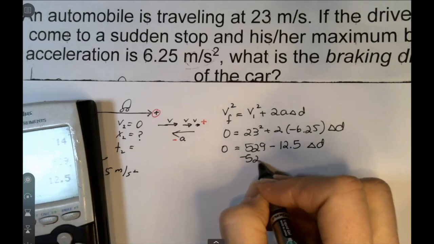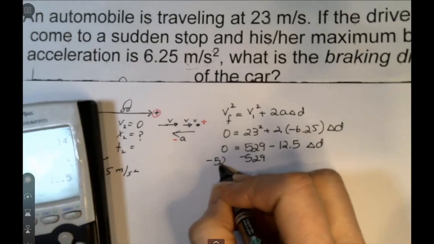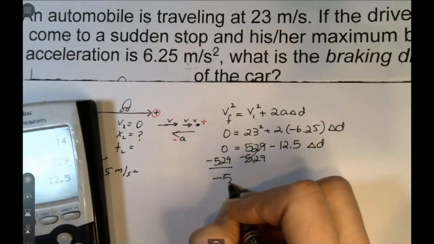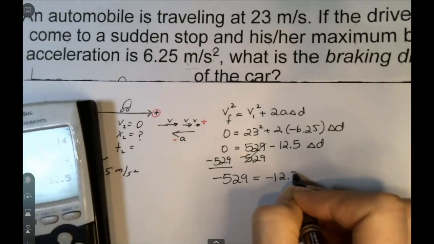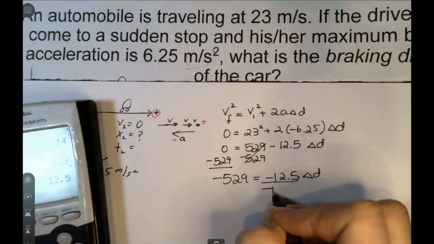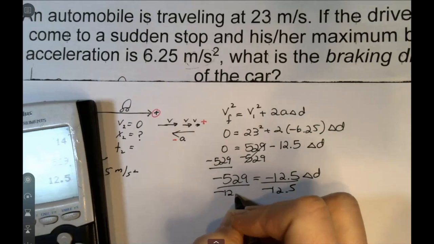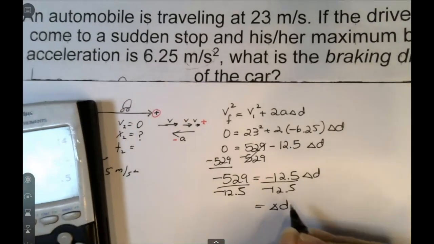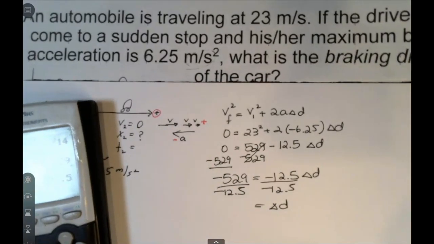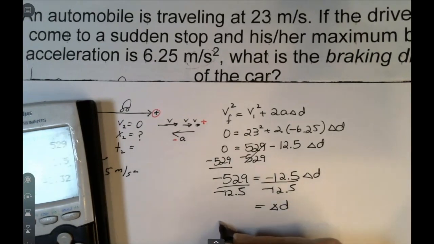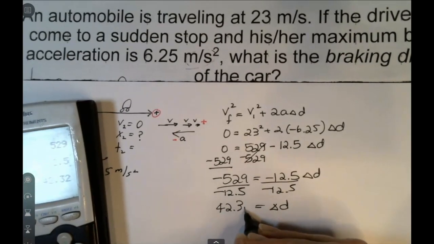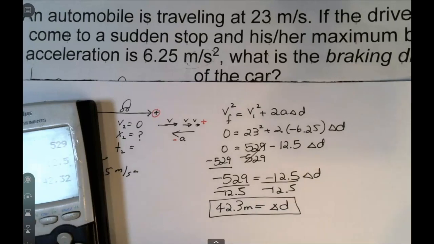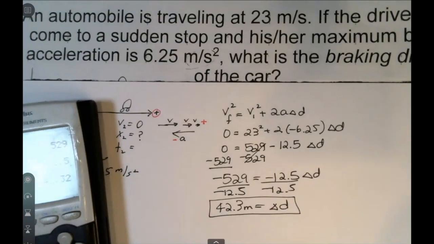So I have to subtract this to the other side and divide both sides by negative 12.5. So negative 529 divided by negative 12.5 is 42.3 meters. And that's how you solve these problems.